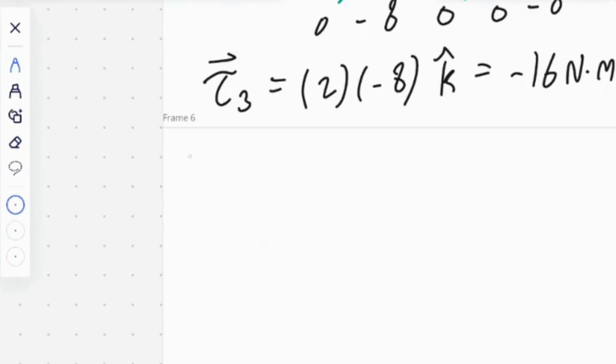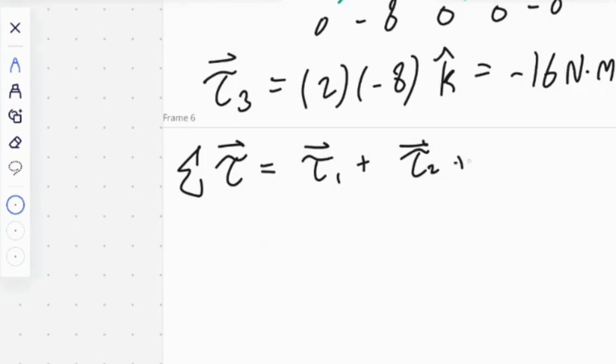Okay, now we can figure out the sum of our torques. So we can just add those up together. If we do that, we had 6 plus 40 minus 16.